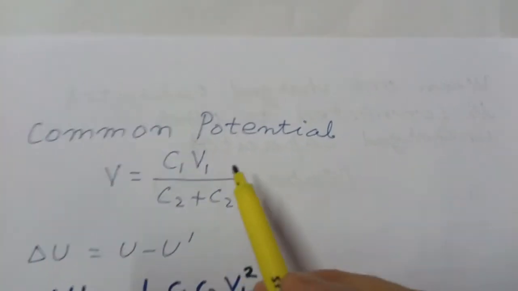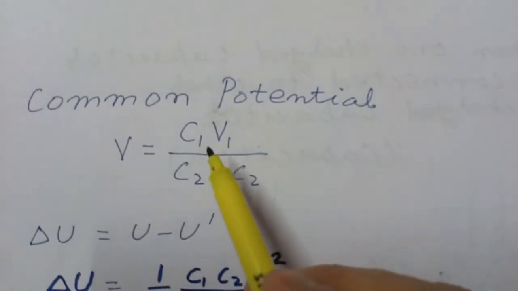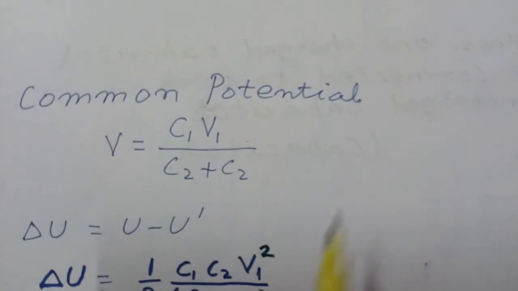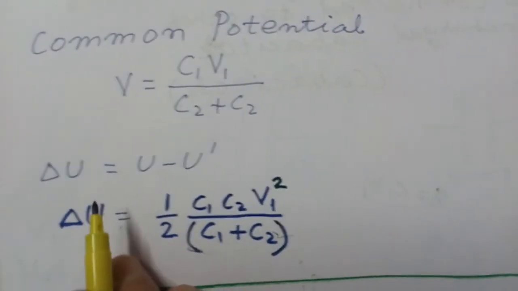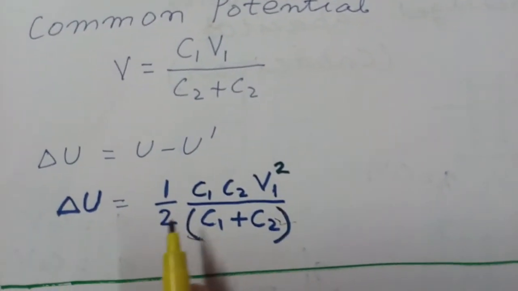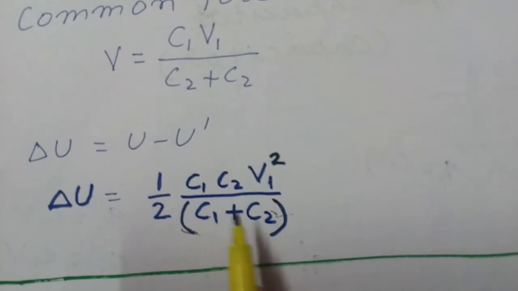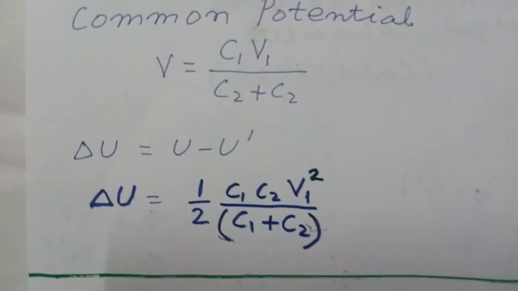So here common potential V will be equal to C1 V1 upon C1 plus C2, and loss in energy delta is equal to half C1 C2 V1 square upon C1 plus C2.